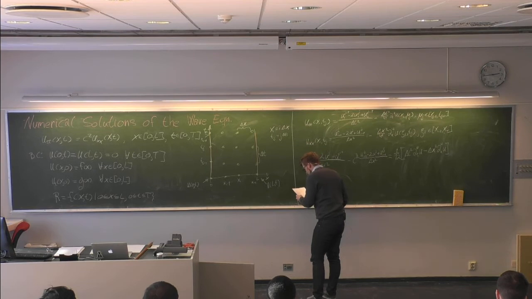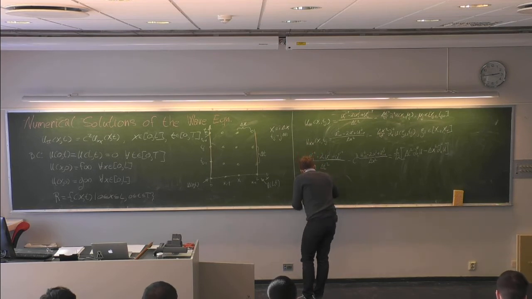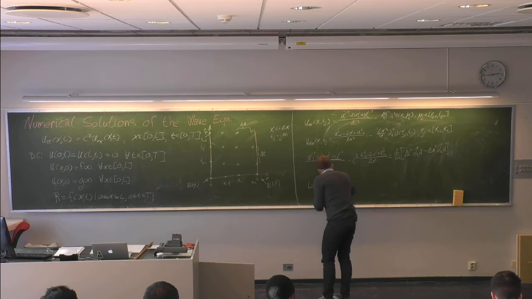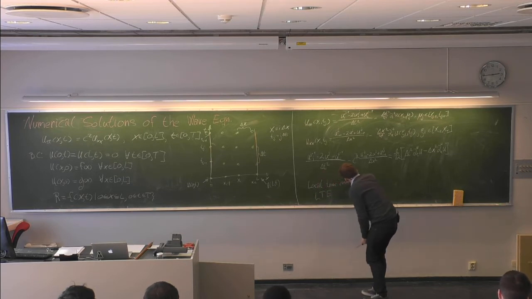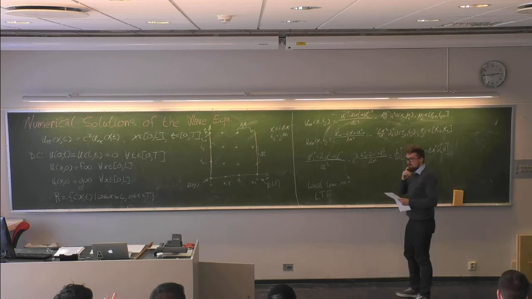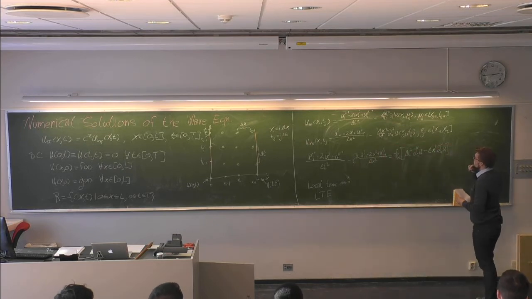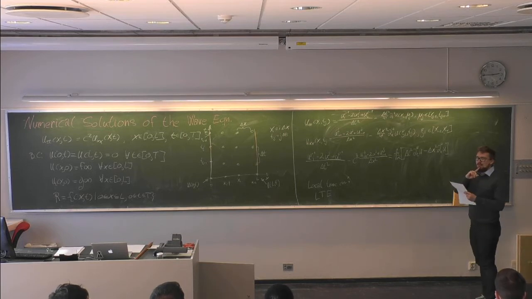But yeah, I can just briefly mention it. Local truncation error, or LTE. Sorry, was it supposed to be 24 instead of 12? Yes, I guess it should, because 4 factorial is 24 and not 12.